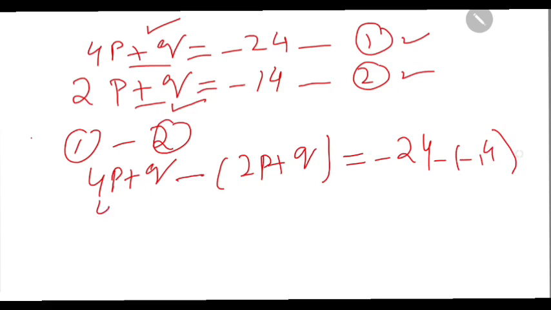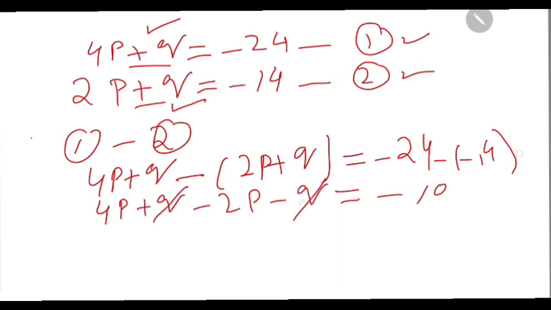So now we're going to simplify. 4p plus q minus 2p, negative and positive become negative q, is equal to, this side, I'm going to use the calculator, answer is negative 10. So I simplify here, positive and negative cancel, so we got only 2p is equal to negative 10.